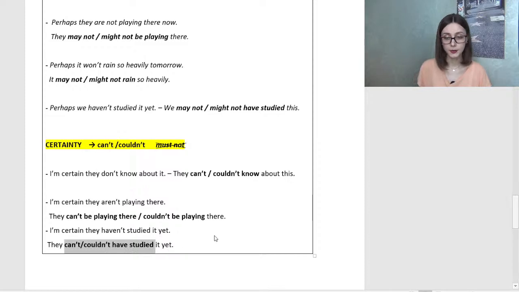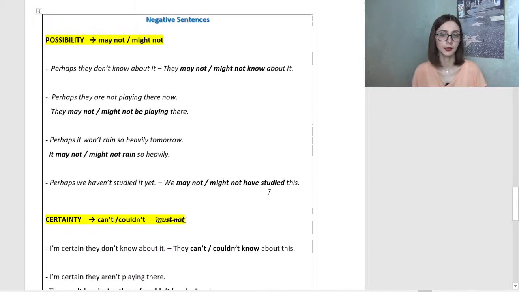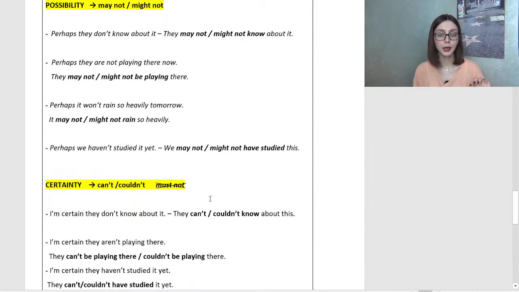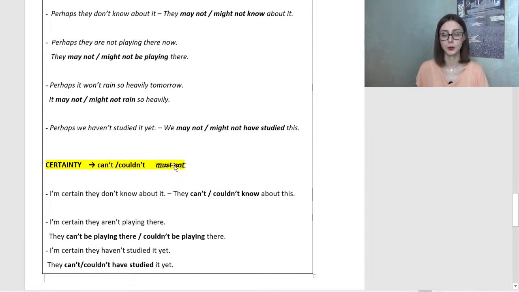They can't have studied it yet. They couldn't have studied it yet. So this is how negative sentences work. So again, to talk about possibility, in negative you would say may not and might not, and if it's certainty and it's negative, you don't use must, you use can't or couldn't.